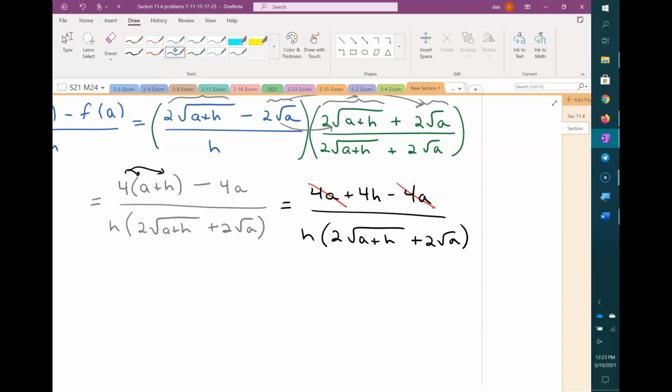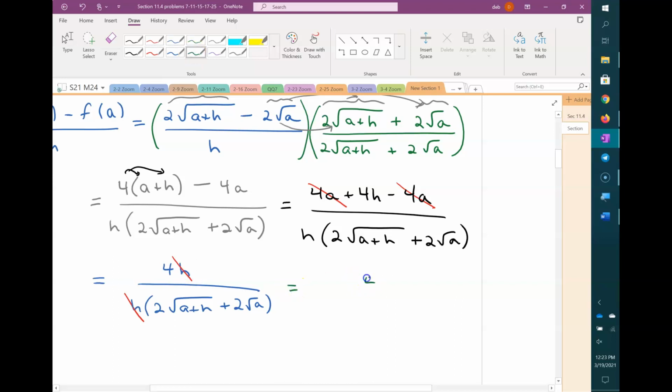Everything without an h should cancel. So then I'm going to have 4h over h times 2 square root of a plus h plus 2 square root of a. So now the h in the bottom and the h in the top are going to cancel because that's equal to 1. So I'll have 4 over 2 times the square root of a plus h plus 2 square root of a.